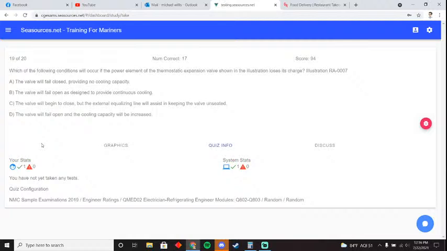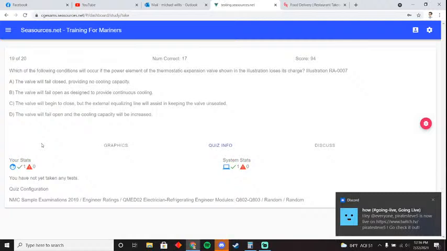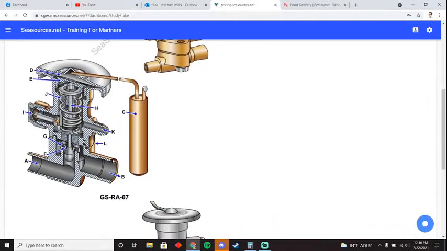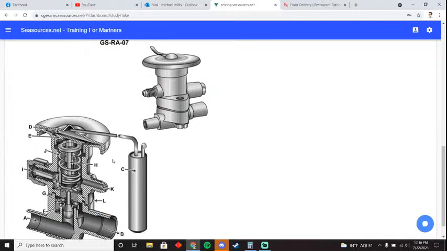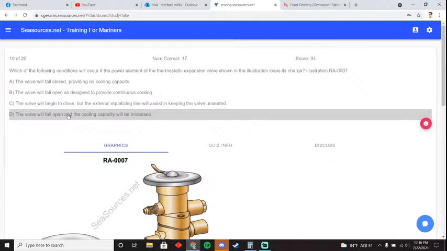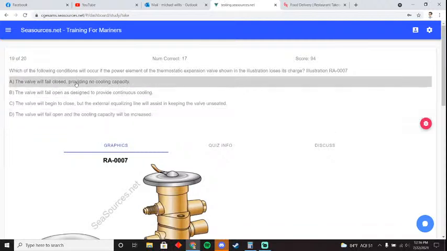Which of the following conditions will occur if the power element of the thermostatic expansion valve shown in the illustration loses its charge? If it loses its charge, the valve will fail open, and no cooling capacity.